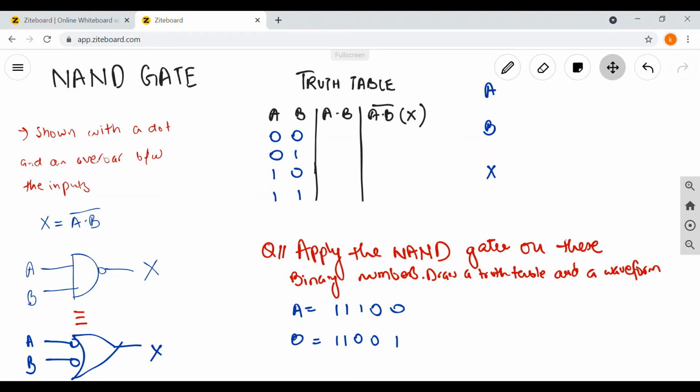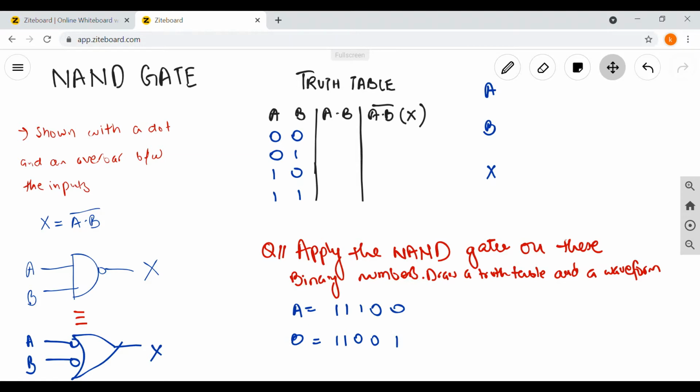Right, so the next gate that we're going to be talking about is the NAND gate. In the NAND gate, you can derive the Boolean expression with a dot and an overbar between the inputs, which can be shown as x equals a dot b to the whole bar.